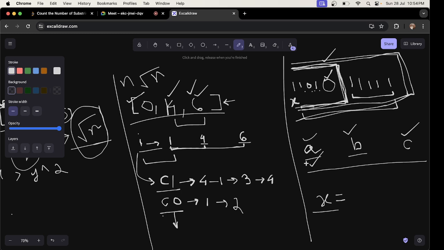Now if I append a few more ones at the end of this substring, it will have C ones and A zeros, because the number of zeros is not increasing, so it remains A. So how will X change, or how many dominant substrings will be added for the whole substring?